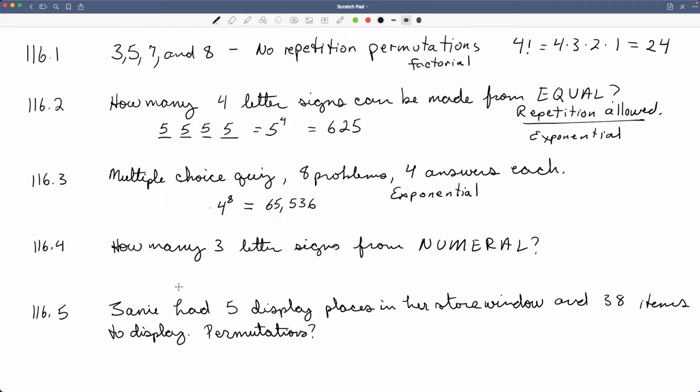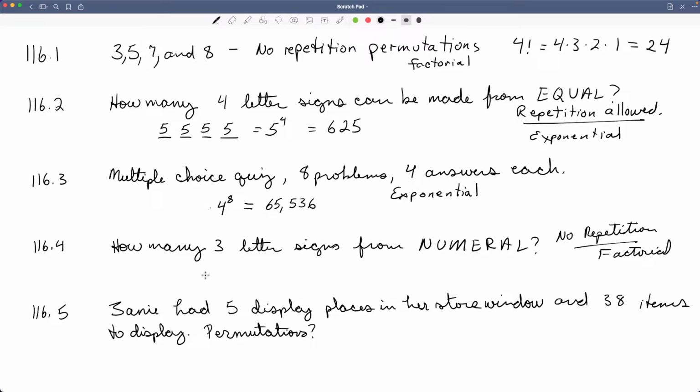All right, so in number 4, how many 3-letter signs can we get from the word numeral and no repetition? If I can actually write the word repetition here, we go. That's much better. No repetition, so this means it's a factorial.